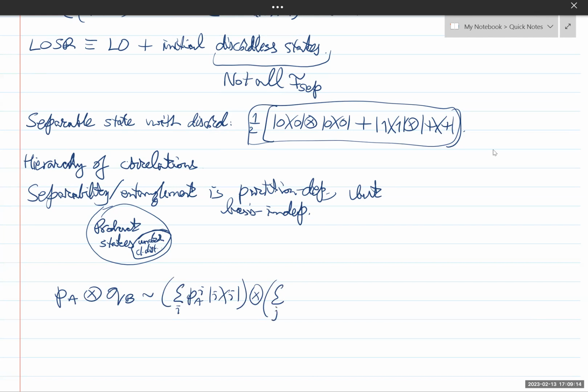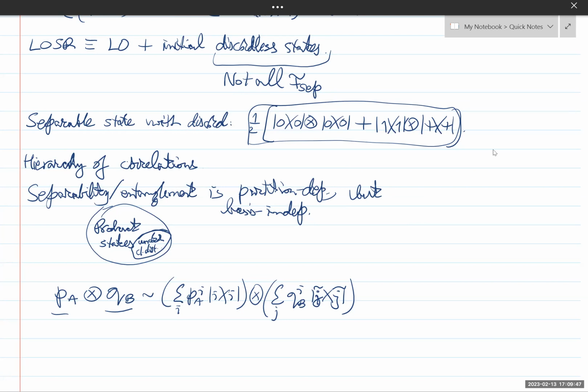So you can say that basically any bipartite quantum state that has this form for some classical distributions P and Q, you can think of it as being practically no more or no less than just having the classical distribution, right?